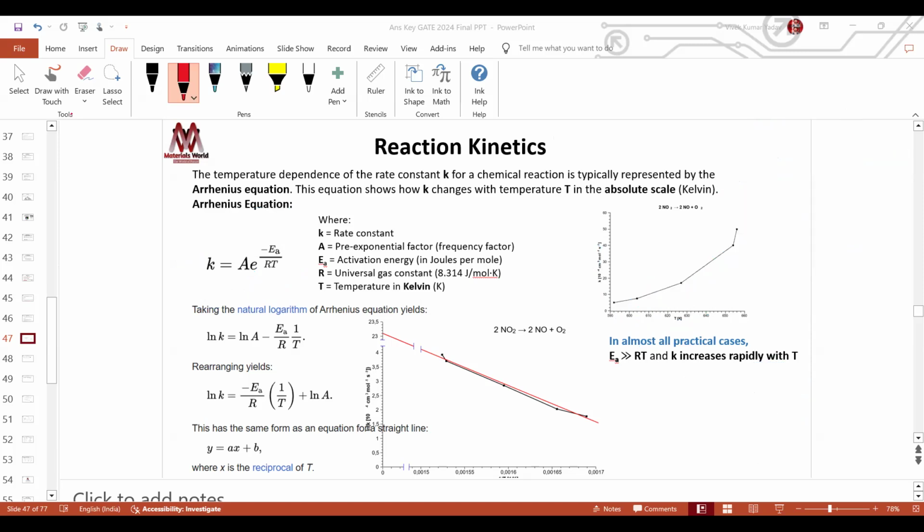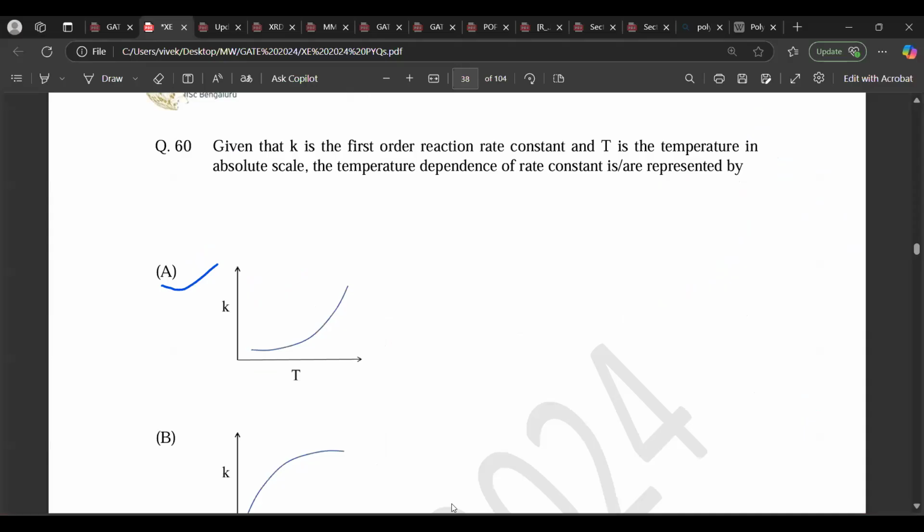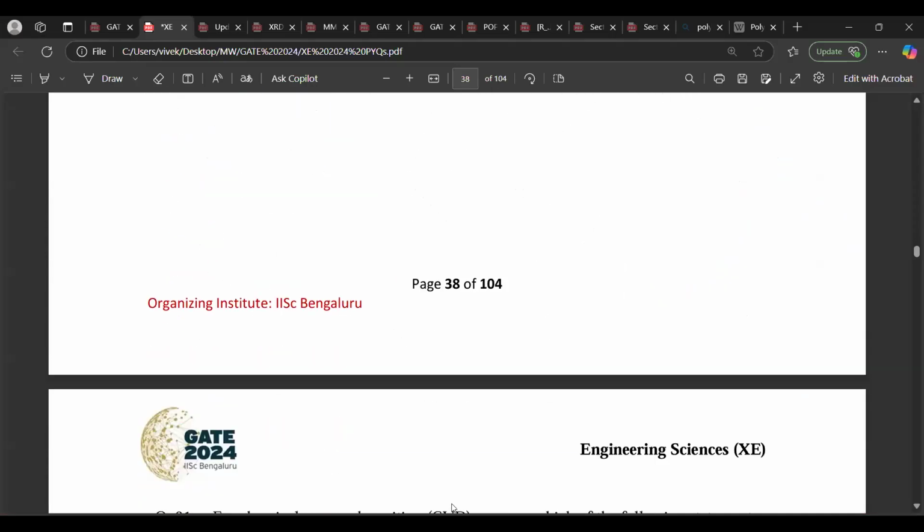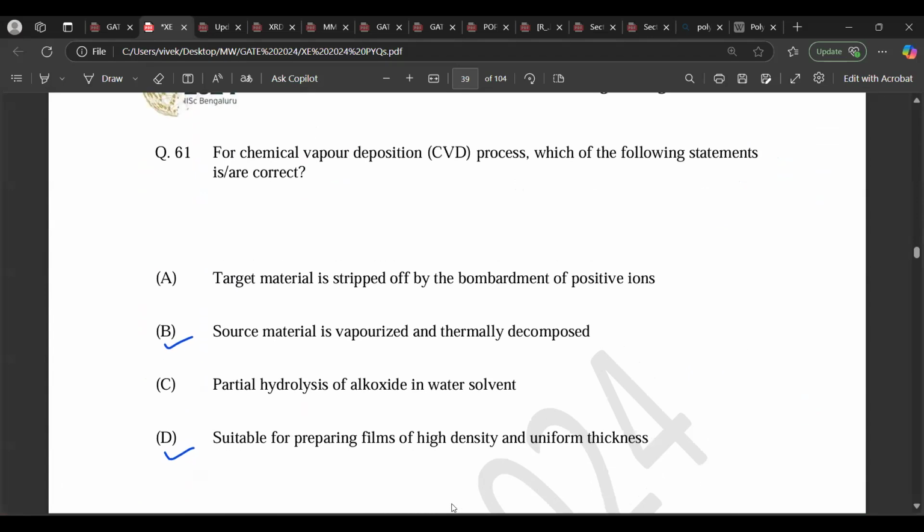Remember, even if you would have skipped it, it would not have mattered, because the paper was so easy. The next questions coming are so easy, you cannot even imagine. So another one is CVD.